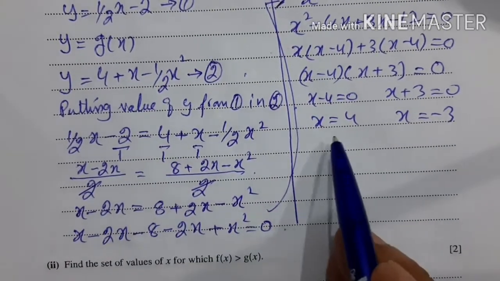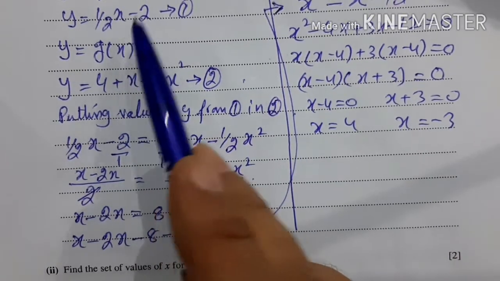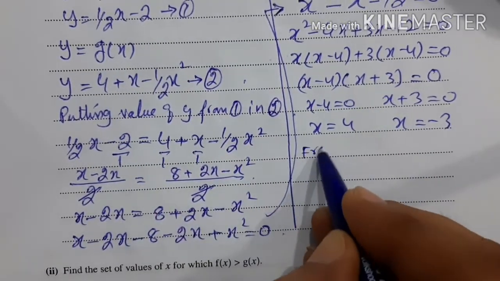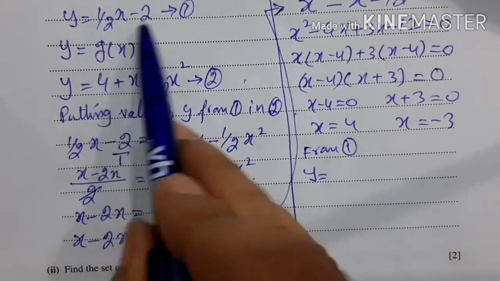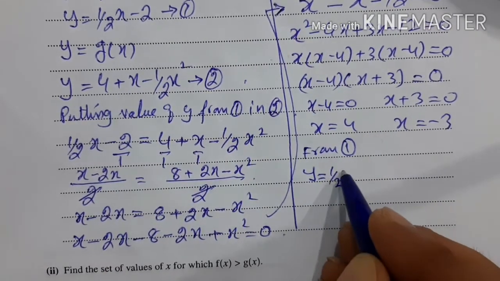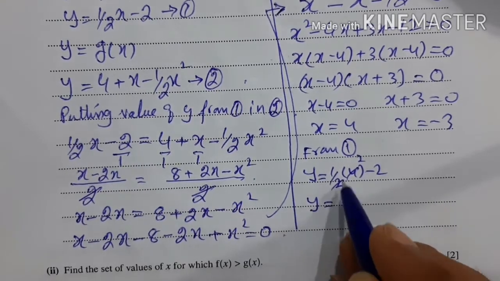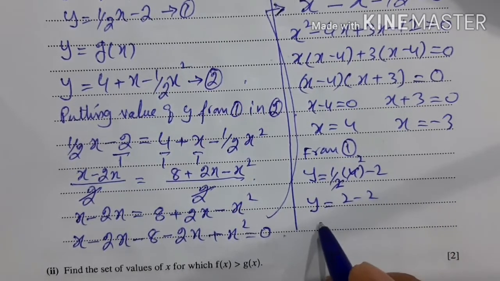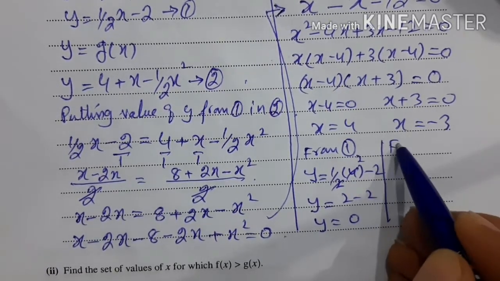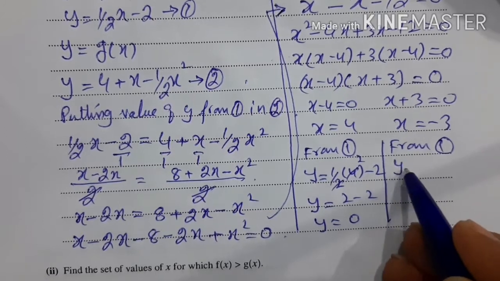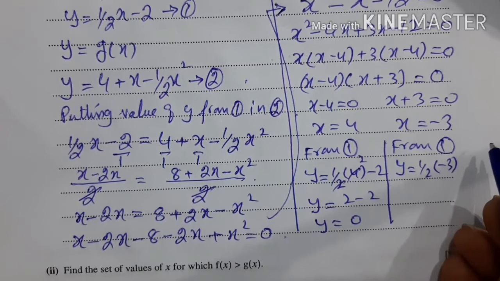Now for these two values of x, we need to find the values of y. So from 1, y is equal to half x minus 2 means half 4 minus 2. So y is equal to 2 minus 2, which is 0. So from here as well, from 1, y is equal to 1 by 2 into minus 3 minus 2.